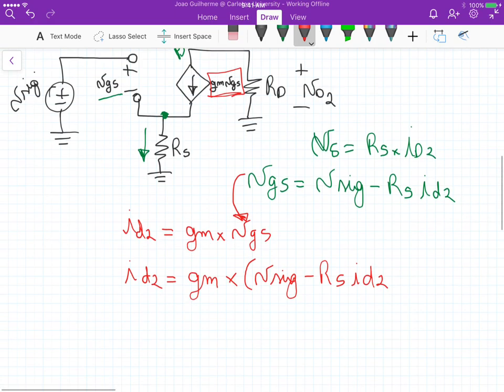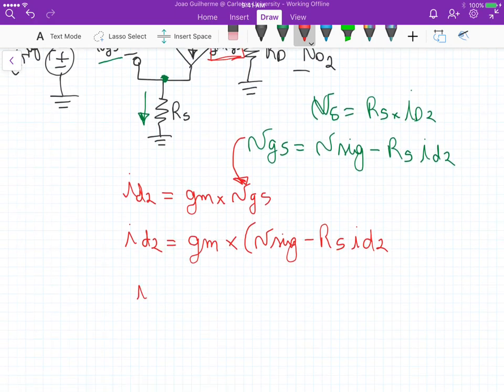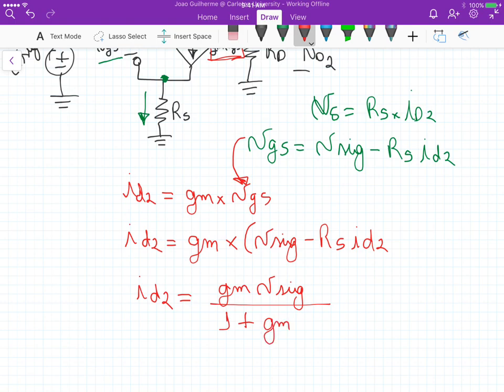So if we isolate ID2 in this equation, we know that ID2 is equal to gm times the signal divided by 1 plus gm times the source resistance. Okay, so that's the equation for ID2.